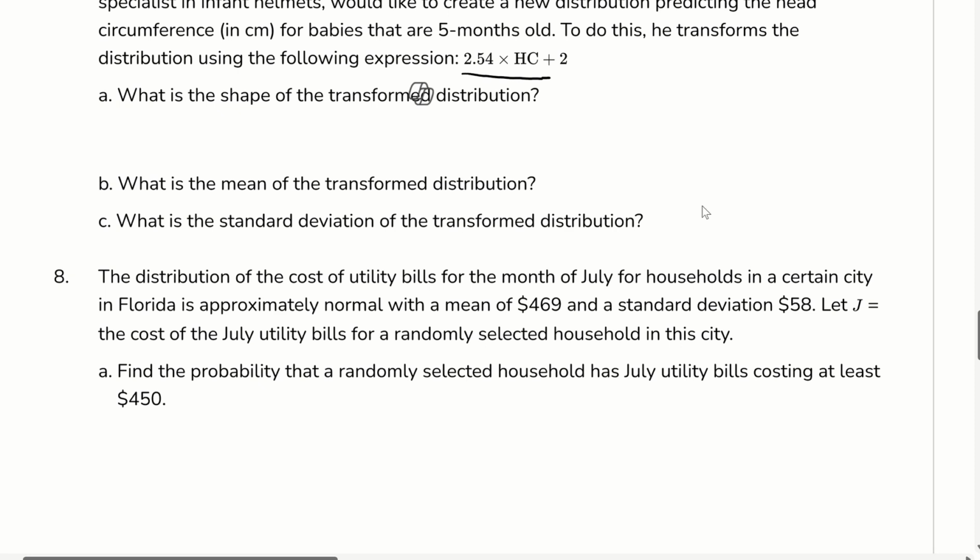If we multiply or divide or add or subtract, it doesn't change the shape. These transformations do not change shape, as long as you don't multiply or divide by a negative number. So the shape doesn't change.